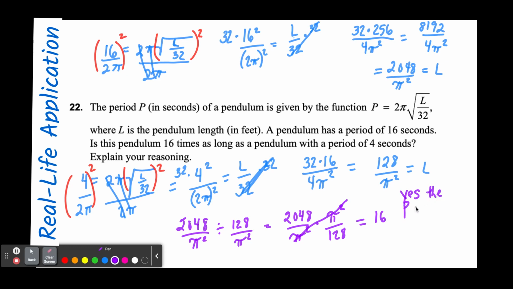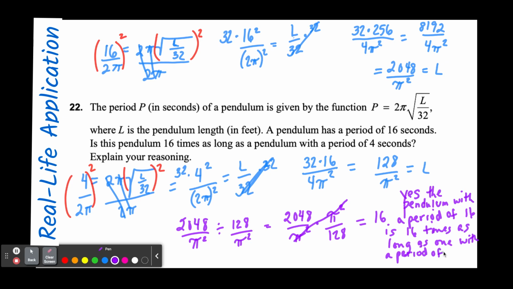A pendulum with a period of 16 is 16 times as long as one with a period of 4.